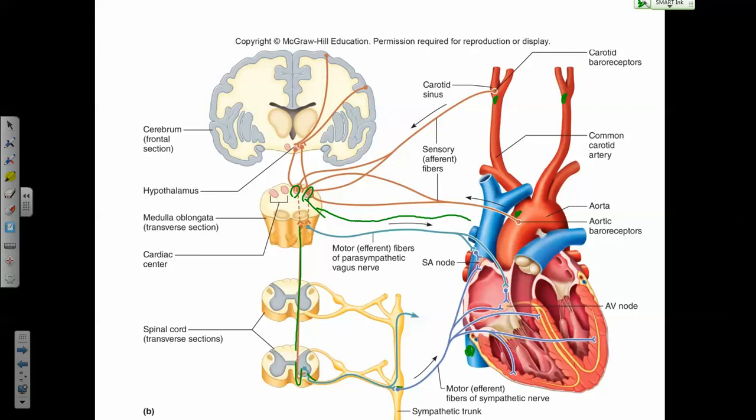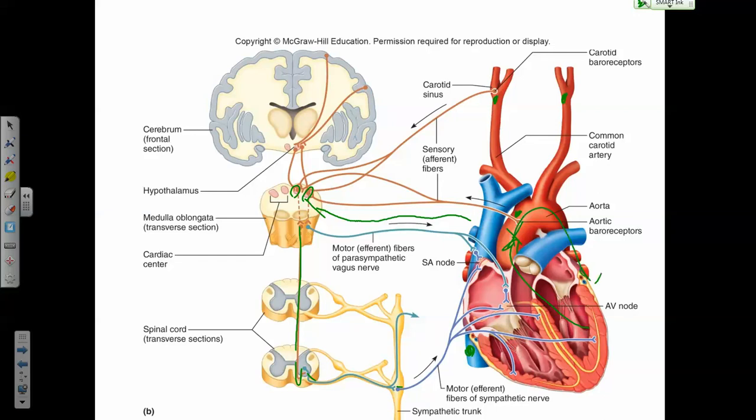If the arterial pressure is high right here, do you understand that if the heart rate increased, that would put even more blood there, which would up the pressure even more? So if the arterial blood pressure is high, you want to slow down heart action, to give time for this blood to move on through the systemic circuit.